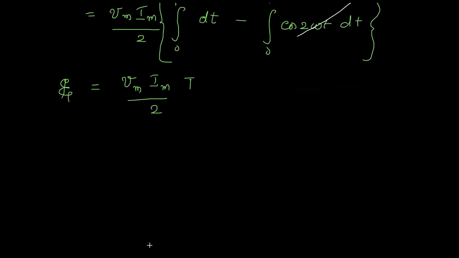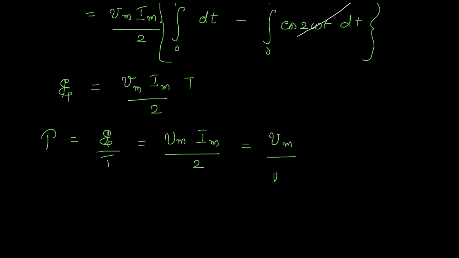Then what may be the power consumed by the resistor when AC passes? That is equal to E by T, which is equal to Vm Im by 2, or that can be written as Vm by root 2 into Im by root 2, which is the same as Vrms into Irms.